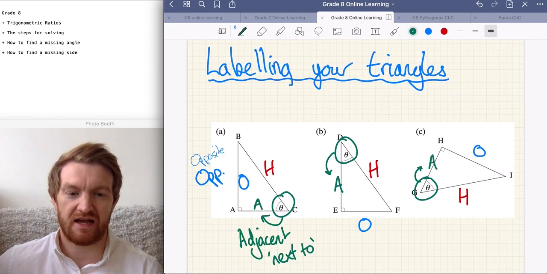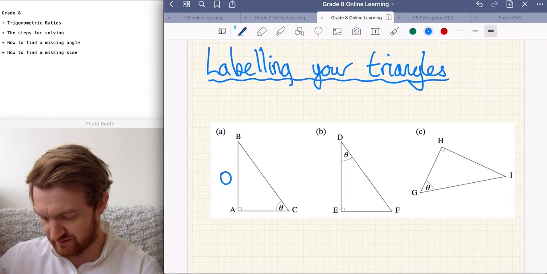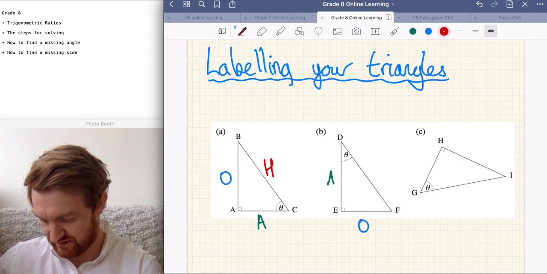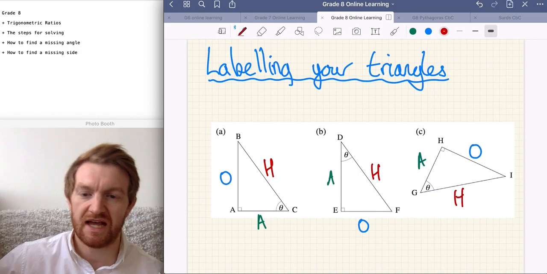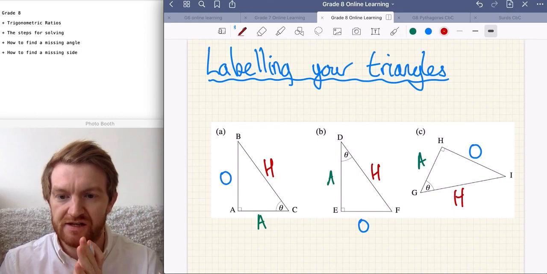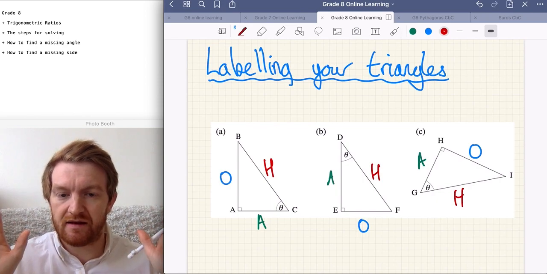So when we're done with that and you tidy up a bit, it should look like opposite, adjacent, hypotenuse. We've got opposite, next to, and longest. So now we know which side is which in each of our triangles. Until we've got that point done, we can't do anything else.